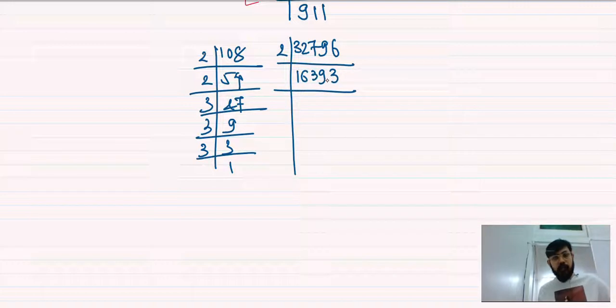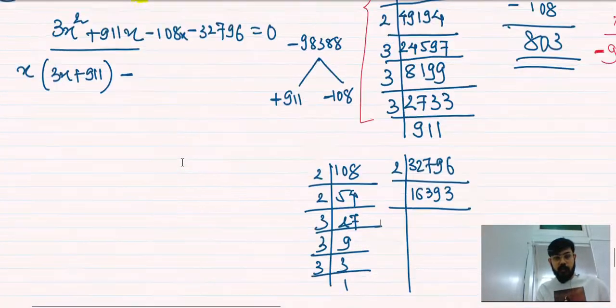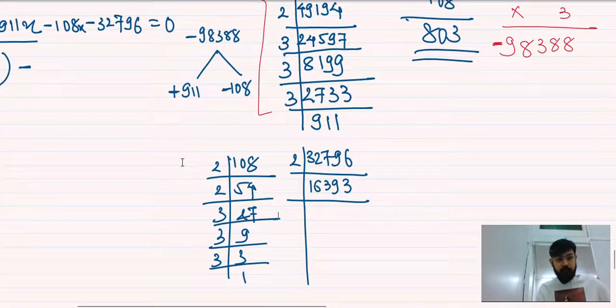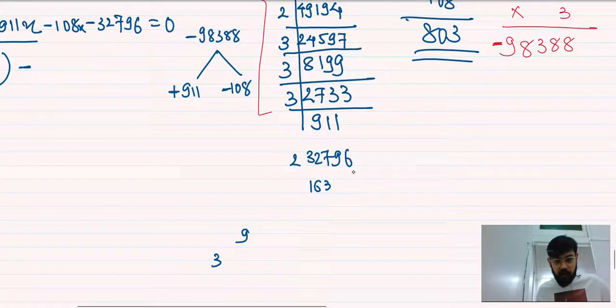Now, will it be divisible by 2? No, this won't be divisible by 2. So let me check. This is 6 plus 1 is 7 plus 3 is 10 plus 9 is 19, plus 3 is 22. Oh, this is really 32796. Okay, give me a moment over here. I feel that I'm stuck.